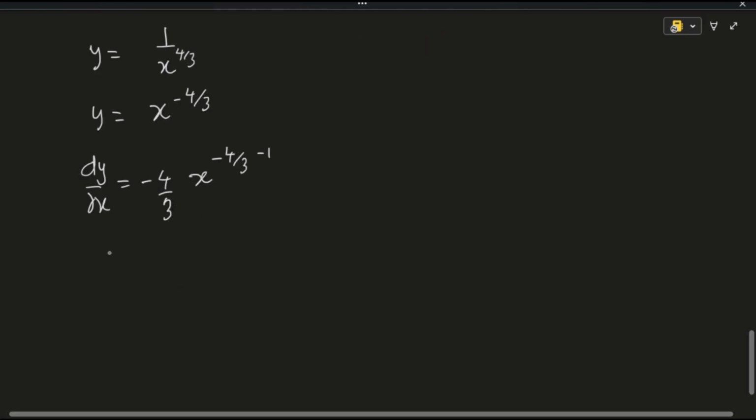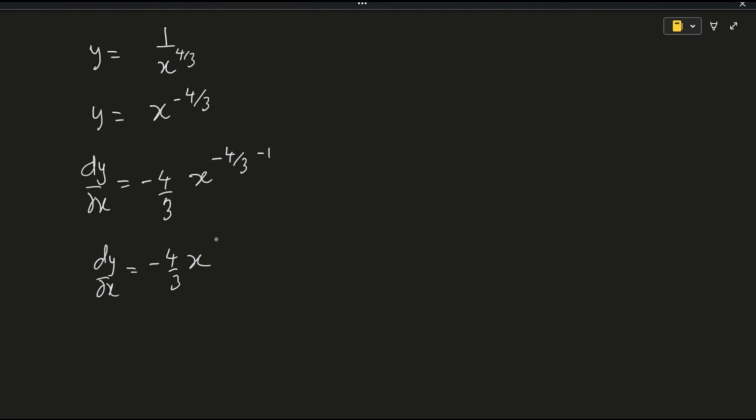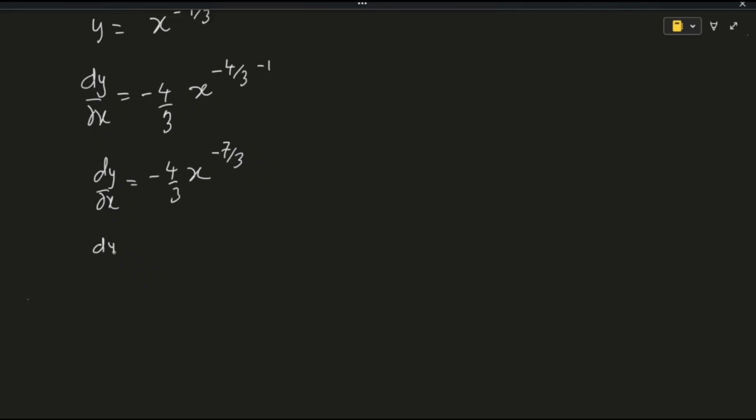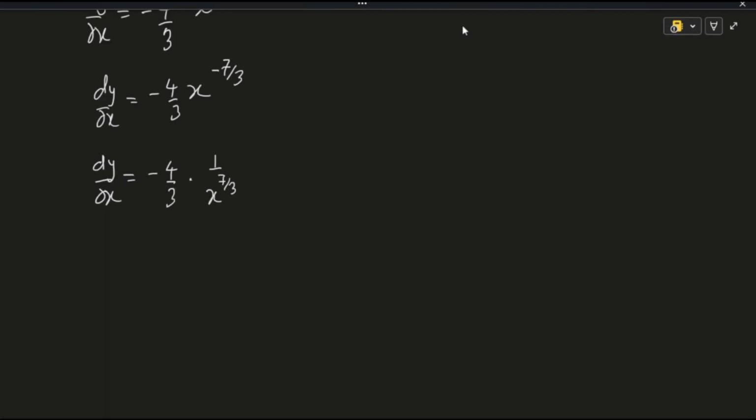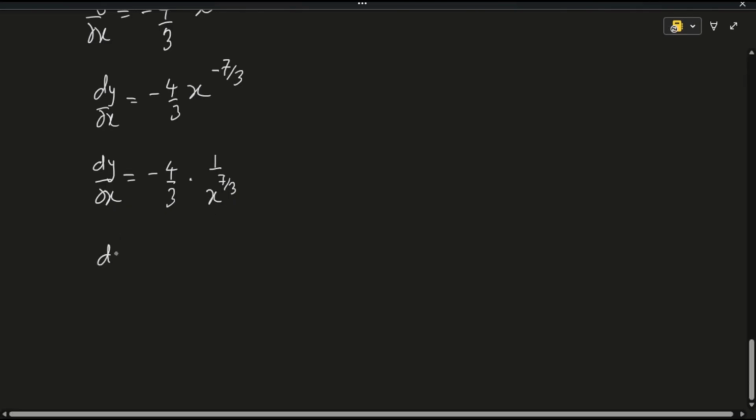We're going to simplify this, and go ahead with further simplification to get... So the derivative of the function can now be given as cube root of x to the 7.